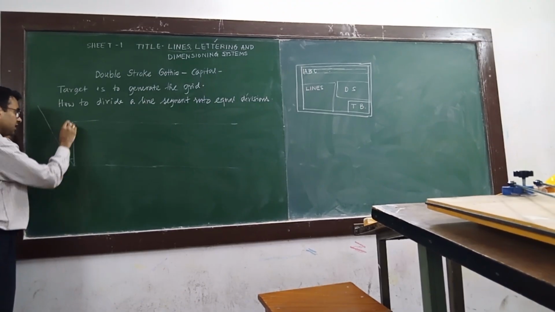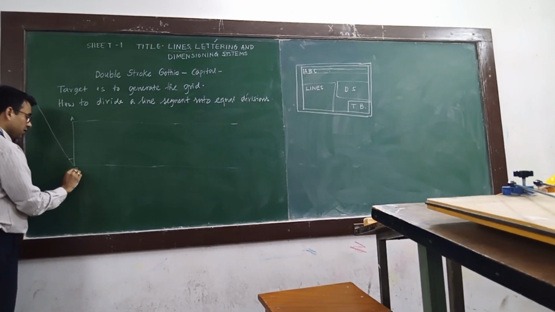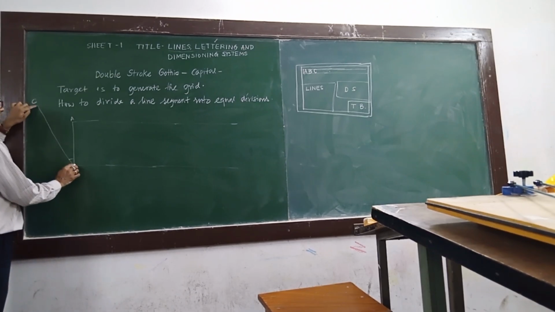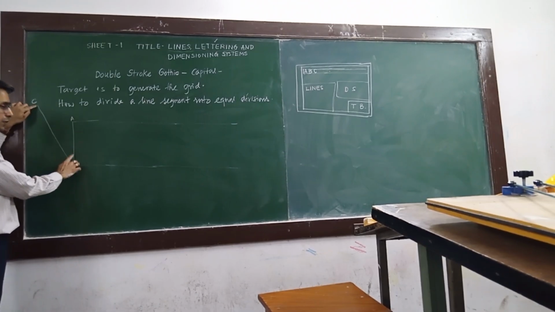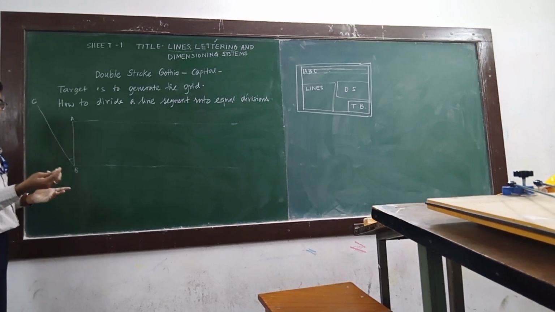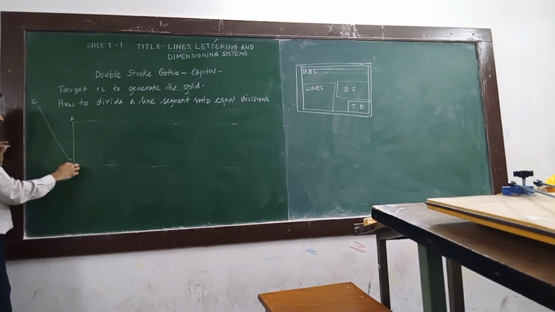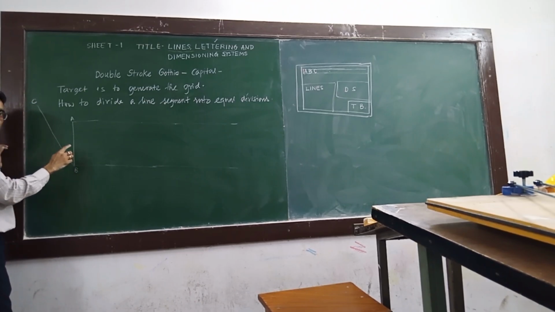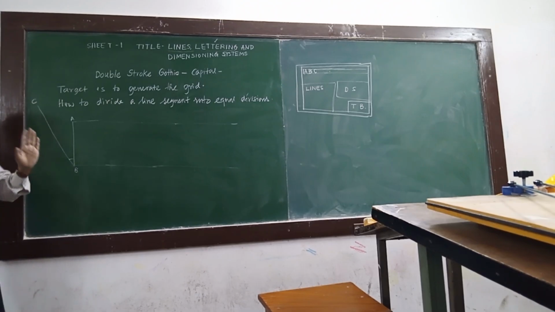Say this is A, this is B, and this is C. Now I will divide this arbitrary line, of arbitrary length and having an arbitrary angle between AB and CD, into 7 equal divisions. I will divide part of this line, not exactly this line, all of you please follow, part of this line into 7 equal divisions.